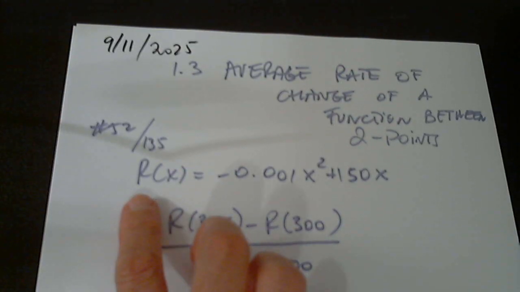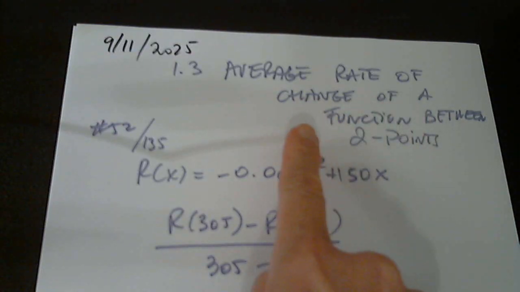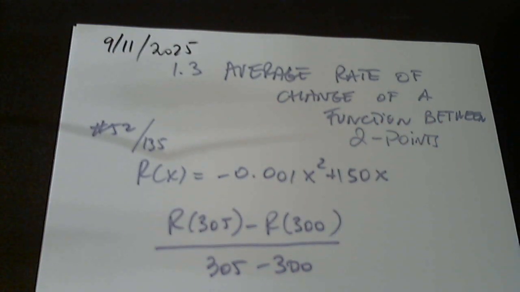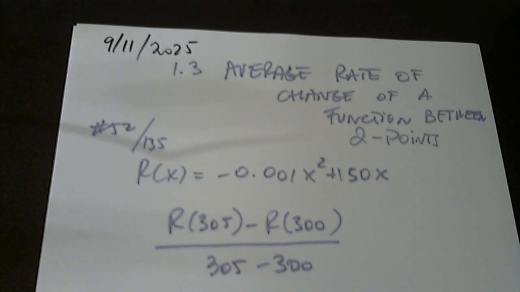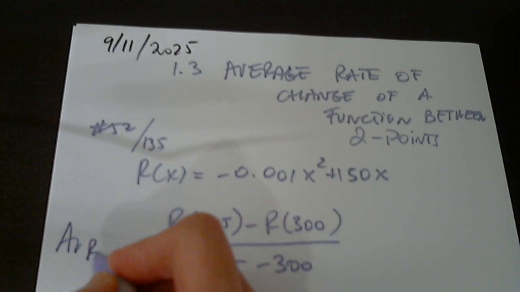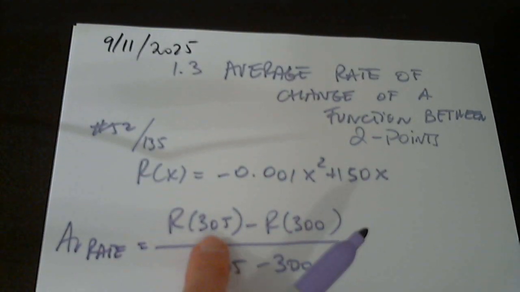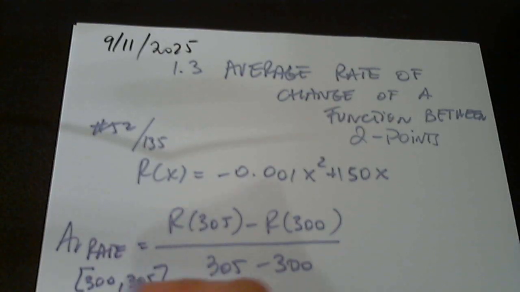No, this is only the revenue. Does anything come to mind? The rate of change? Yes, it is the average rate of change of this function on the interval 300 and 305.